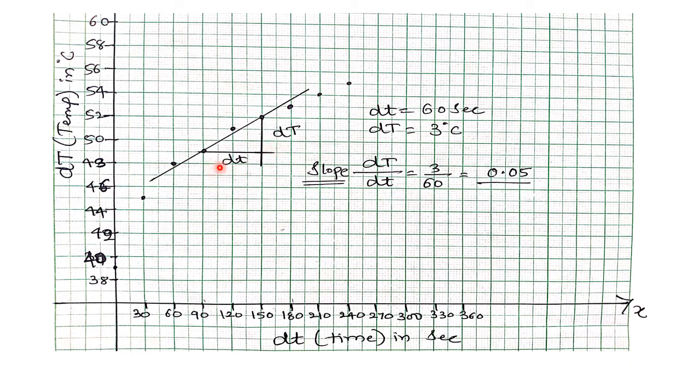On the x-axis, from here to here it is 30 seconds, and again 30 seconds, so the total dt is 60 seconds. Measuring from this point to this point, the total is 3 degree centigrade. So dT by dt is 3 divided by 60, which is 0.05 degrees centigrade per second. That value we have substituted for dT by dt as 0.05.